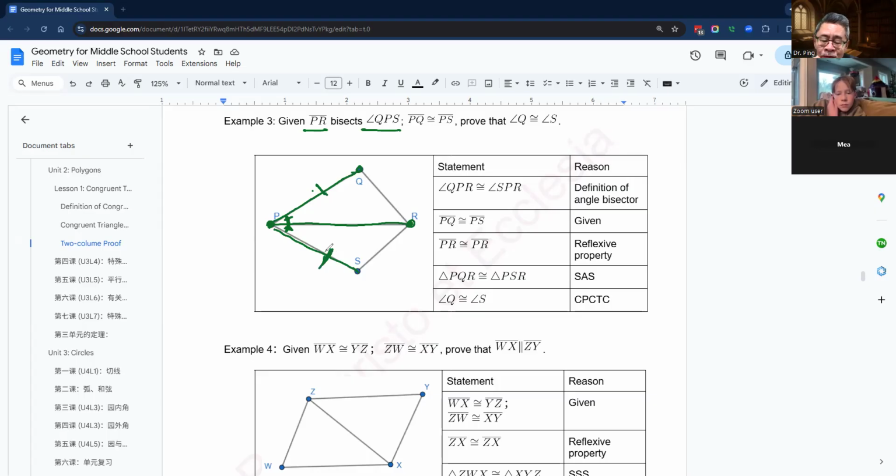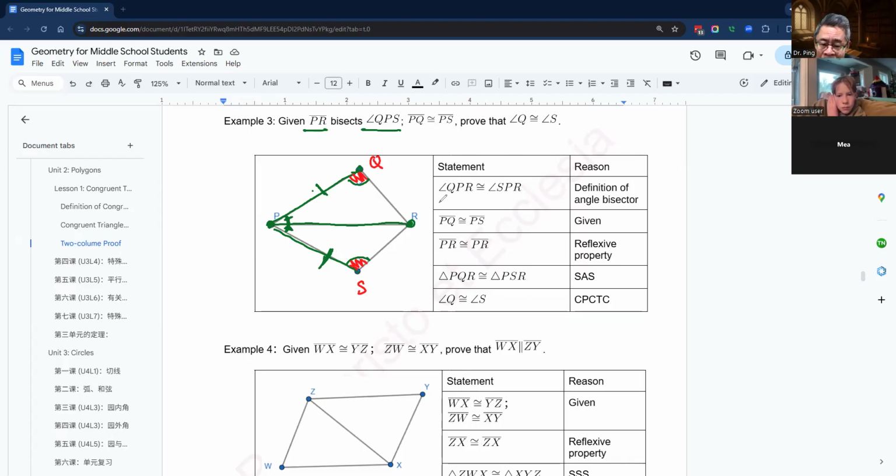Now we're trying to prove that this angle is congruent to this angle. Okay, we're trying to prove that. This is Q and this is S. Okay, let's see how we prove it. First of all, we're going to talk about what we know.